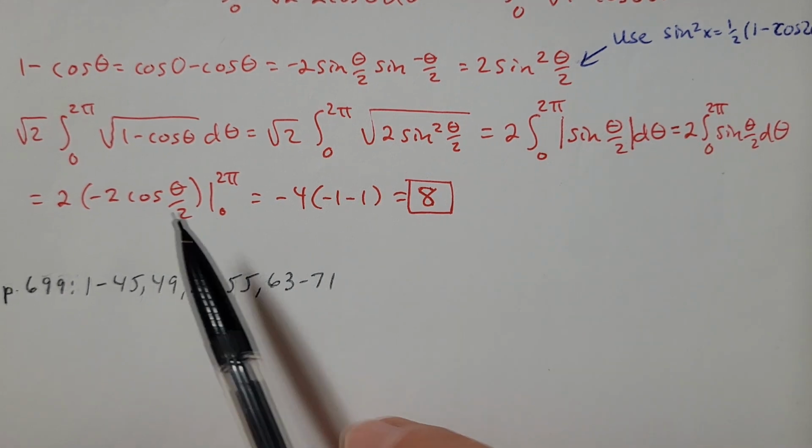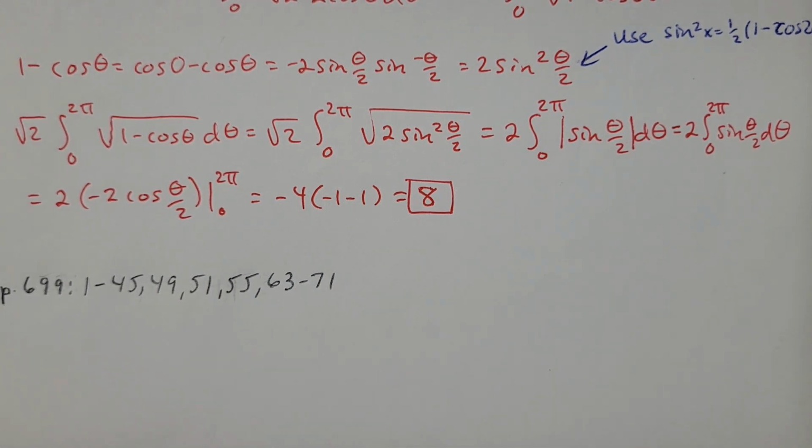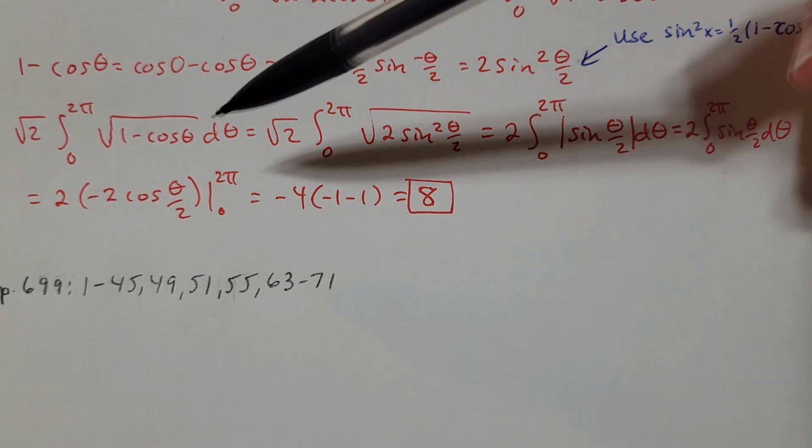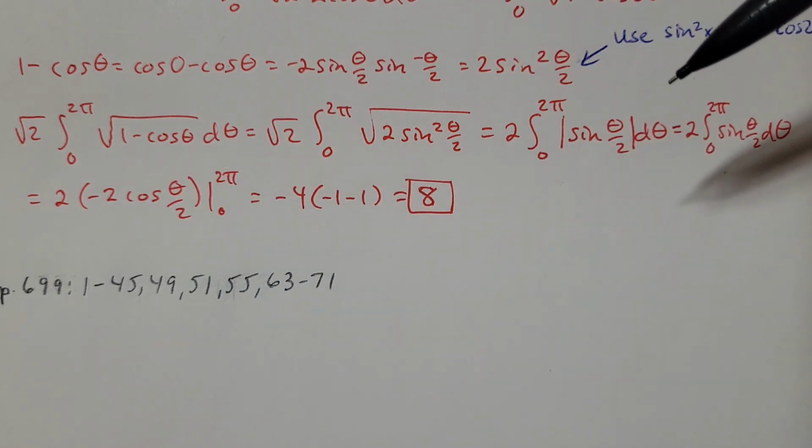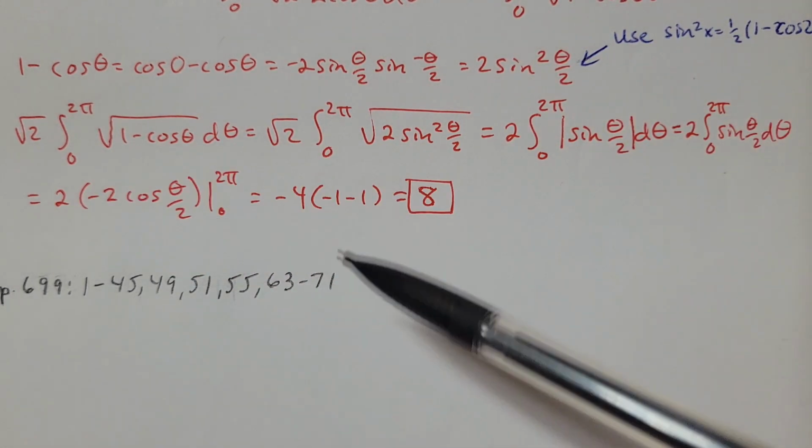And when I find the antiderivative there, that's going to be 2 times the antiderivative of sine of theta over 2, that'd be negative cosine of theta over 2, and then you got to throw a 2 in front. So 2 times -2, that's -4.